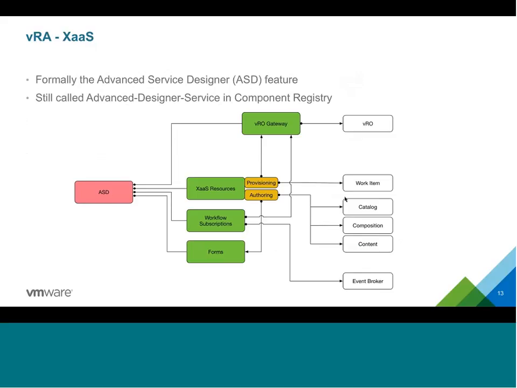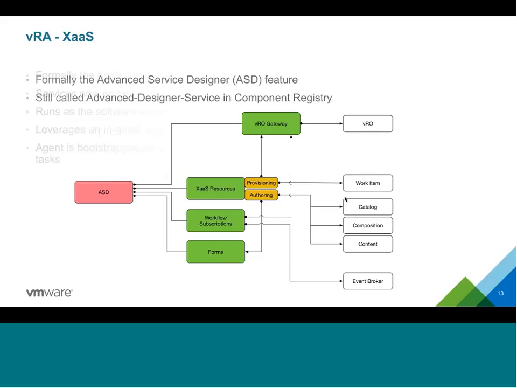Remember, the component registry registers all the different services, and the name by which it is known at the component registry level is Advanced Service Designer, or ASD. It can interact with vRO through the vRO gateway, with provisioning and authoring done through IaaS resources, work item catalogs, and forms. The custom forms that are built in vRA are all part of this IaaS service.